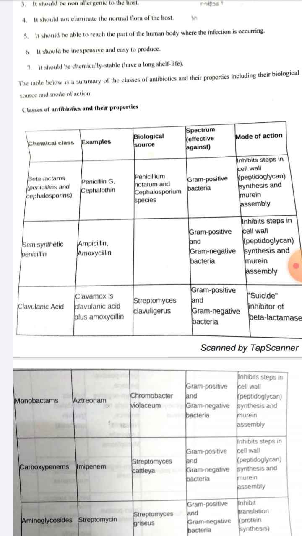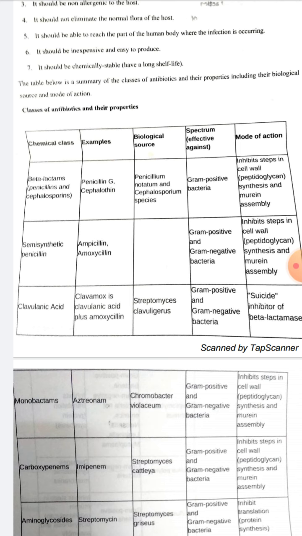Now we will talk about the classes of antibiotics and their properties. We have the chemical class, examples, biological source, spectrum, effective against, and the mode of action. The chemical class is nothing but the antibiotic class. There are different chemical classes. So what is the class?